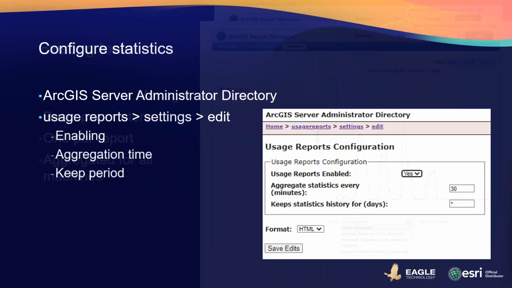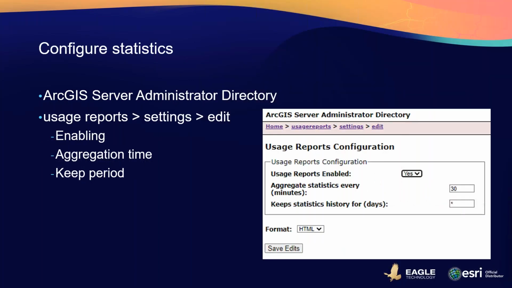So that was coming from statistics that were already collected. If we need to, we can change the defaults for these statistics, and that is done in the server admin directory. The settings that we can change include enabling or disabling generation of statistics. By default, the statistics that we are collecting are aggregated every 30 minutes. Sometimes that may not be the most appropriate, but we can change it to whatever period we deem appropriate.